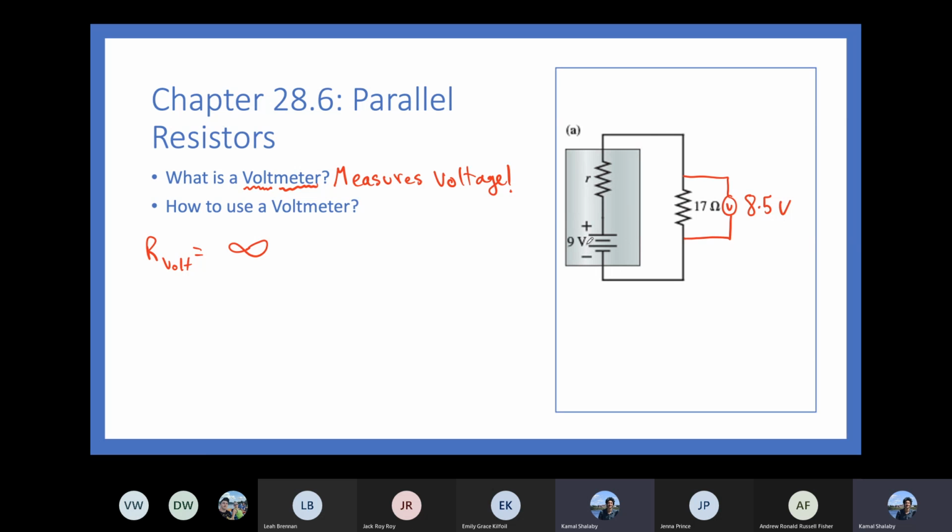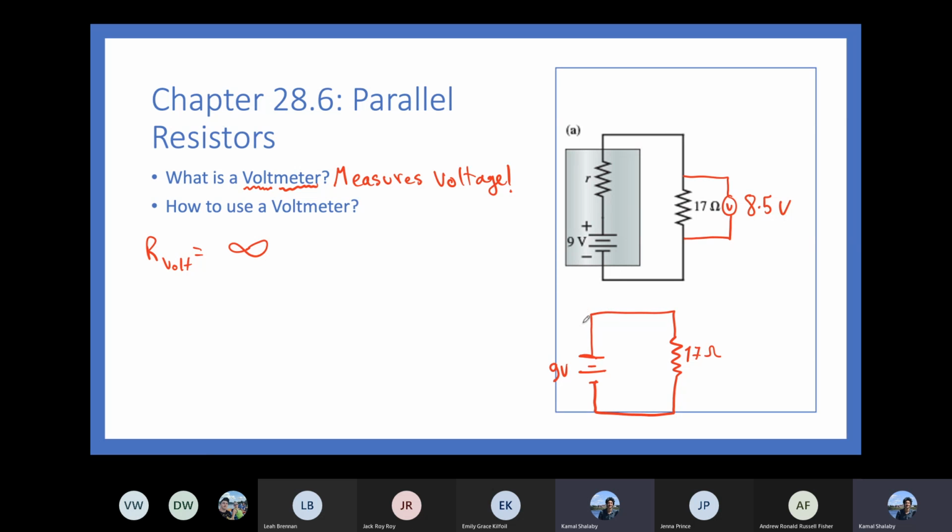This is a battery, as you can see, and any battery does have an internal resistance, which is this small r. For a perfect battery, if you just have the 9 volts in here, and just your 17 ohm resistor, you can easily find the voltage around it using the equations that you have.